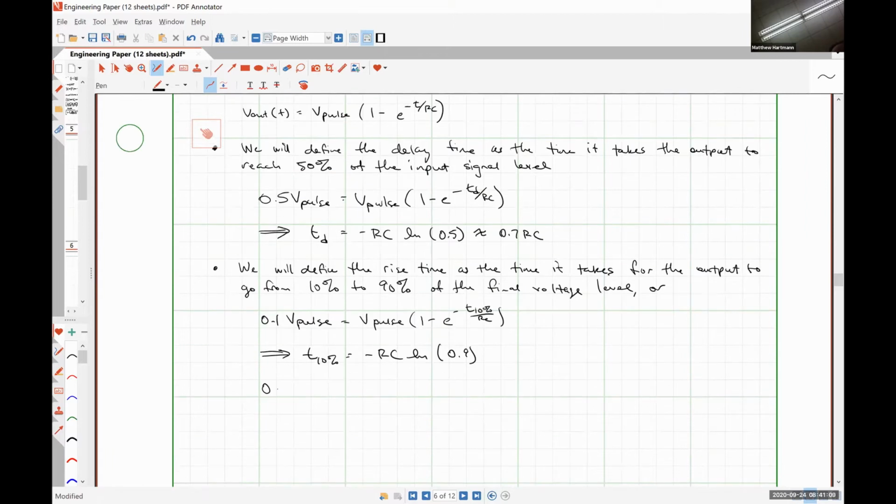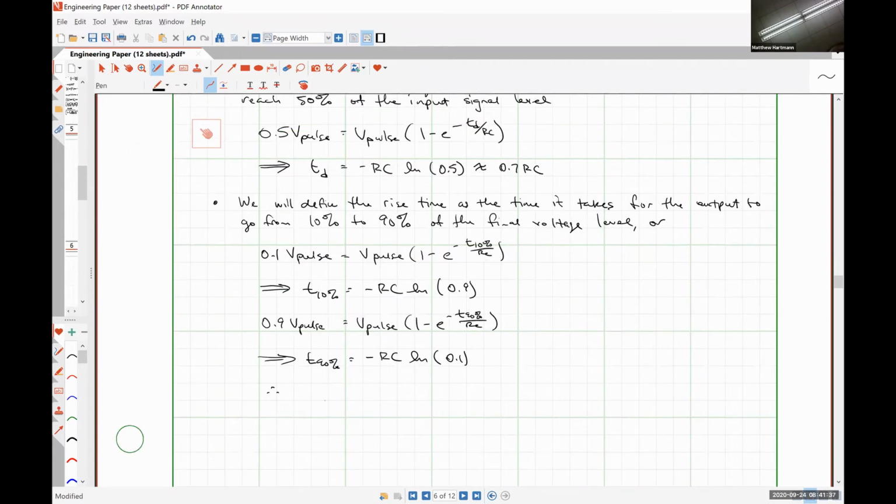Similarly, 0.9 V pulse is equal to V pulse times 1 minus e to the negative t 90% over RC. So from this, t 90% is negative RC times the natural log of 0.1.